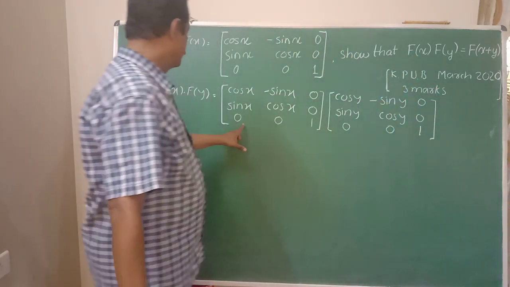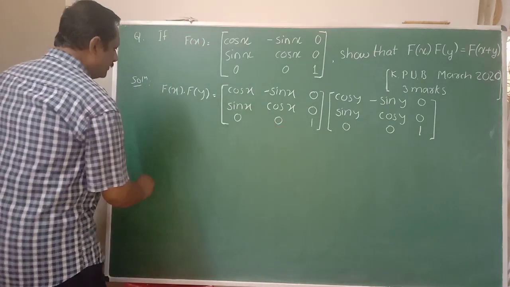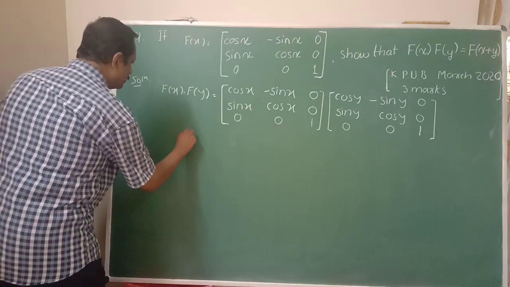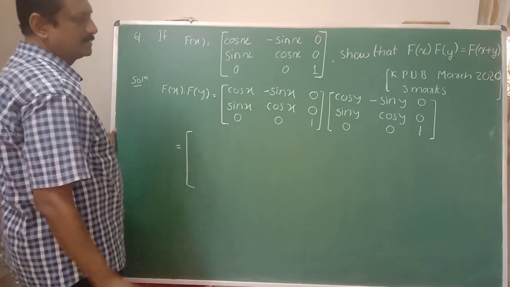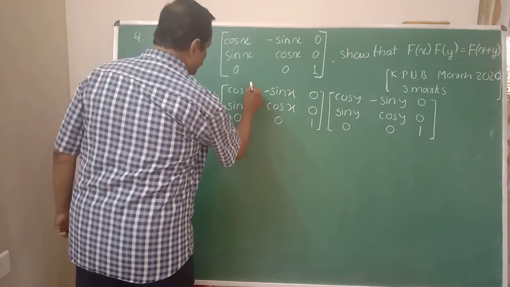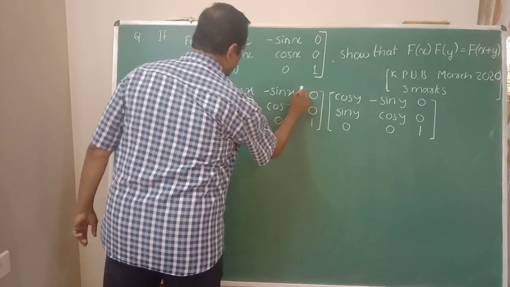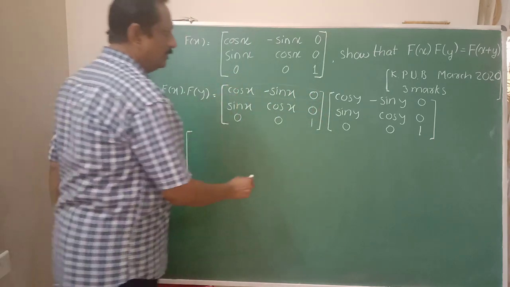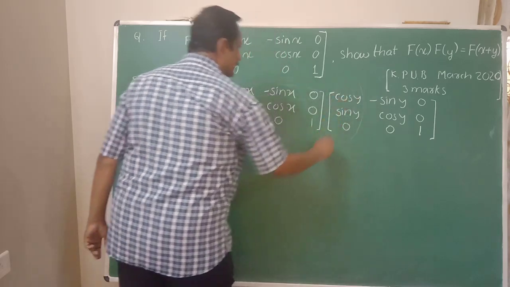Okay, so this is f of x and this is f of y. Therefore, you know the multiplication of two matrices here. Multiplication of two matrices means multiply row with the column. Therefore take the first row and multiply with the first column.